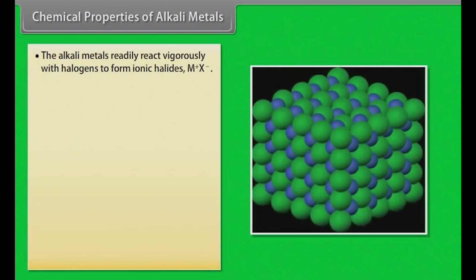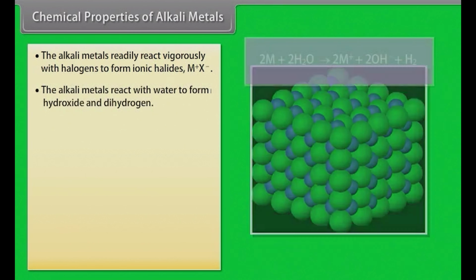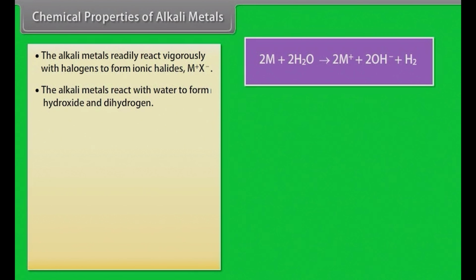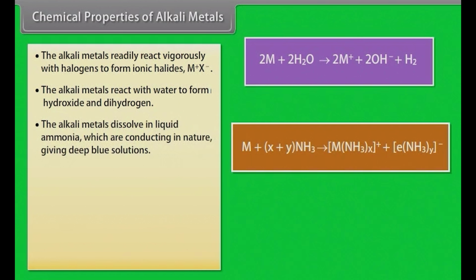The alkali metals readily react vigorously with halogens to form ionic halides M+, X-. The alkali metals react with water to form hydroxide and dihydrogen. The alkali metals dissolve in liquid ammonia, which are conducting in nature, giving deep blue solutions.